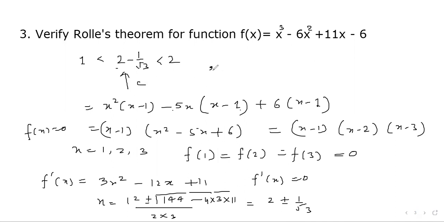Similarly, we take the interval 1 to 3, because we have these values. So the second value: 1 is less than 2 + 1/√3, which is less than 3. So this is another value of c. Hence Rolle's theorem is verified.